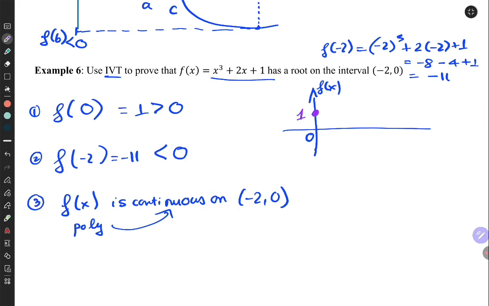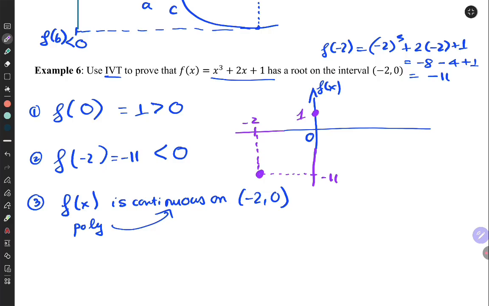That is f of 0, dot. f of negative 2 is negative 11, down here. f of 0 is 1. And I know for sure, I'm guaranteed that this function is continuous from here to here. So now I want to connect them.